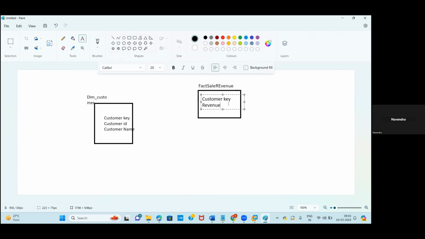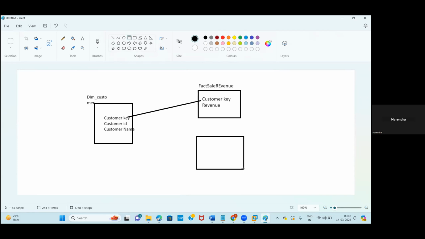Revenue is the measure, and measures will be available in the fact table, as I said. So this has a relation with this fact table. And I have one more fact table called fact product revenue.